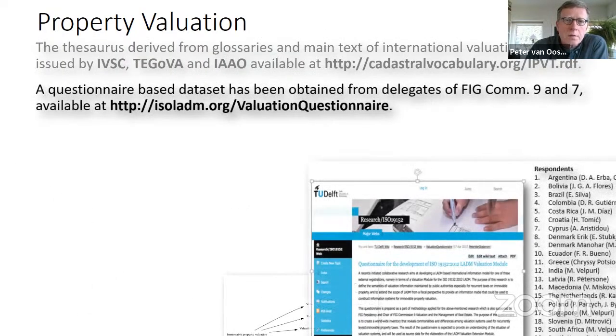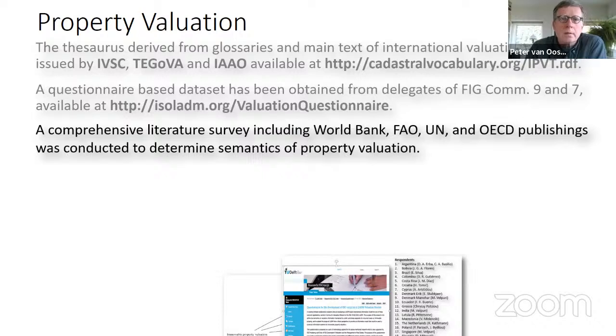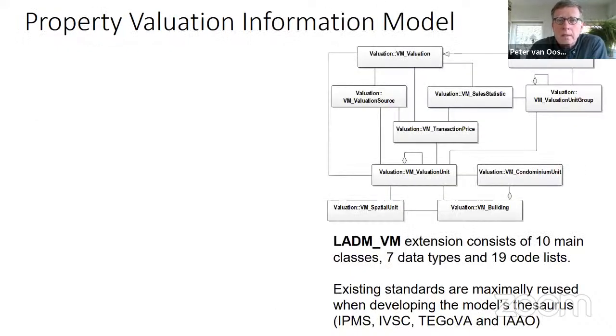He also sent out a questionnaire within FIG Commission 9, the commission about valuation, and collected responses about the needs. He also studied the literature from the World Bank, FAO, and other organizations to capture all relevant information about semantics. Then he came up in his PhD research with this proposal, the valuation information model.